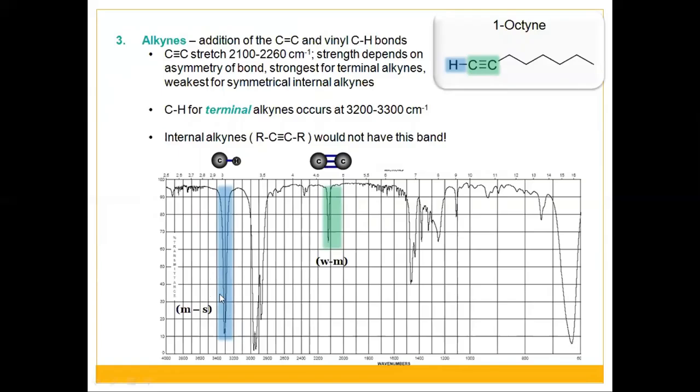The CH stretch peaks will be there. Internal alkynes would not have this band. So the presence of alkynes will be confirmed with these two regions, that is the carbon-carbon triple bond region between 2100 to 2300, and this one, which will confirm the CH stretching at 3200 to 3300.